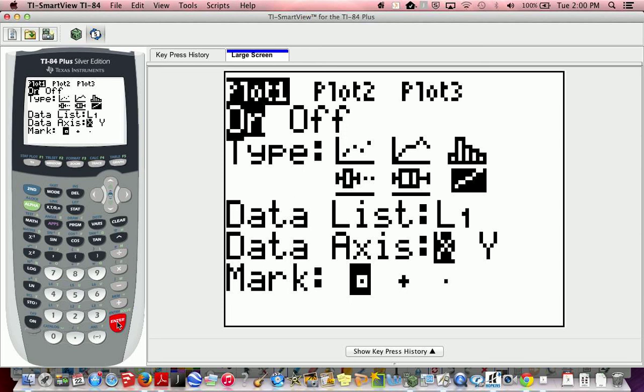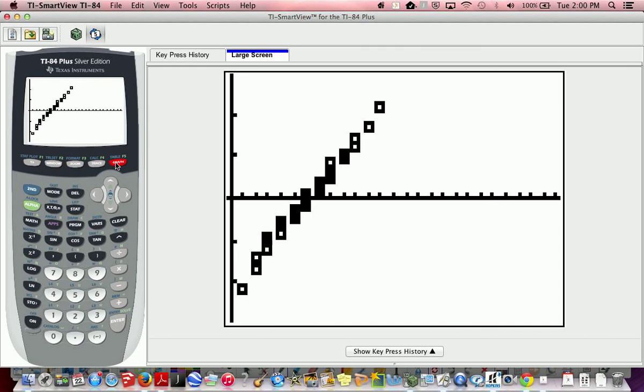So now, if I hit graph, this is going to be interesting because I know I'm going to get part of mine to show up, but some of you aren't going to get anything to show up. Some of you might get a different part of the graph. Zoom 9. As Carter just stated, to get it to fit into the window, zoom 9.